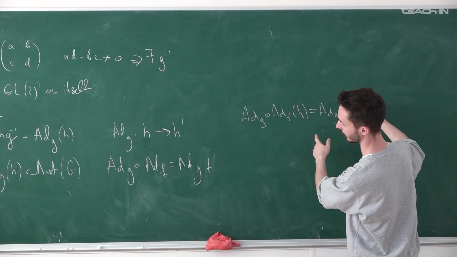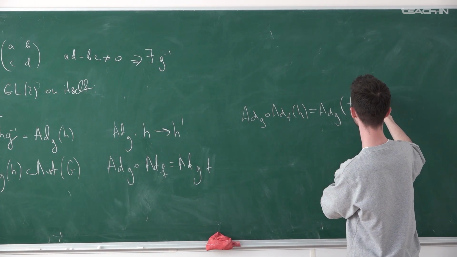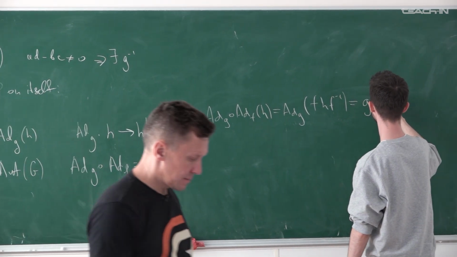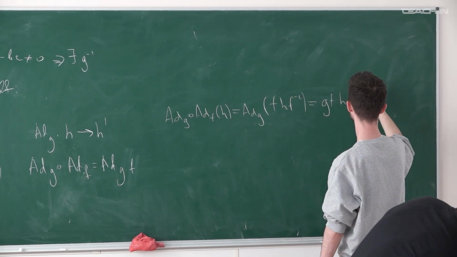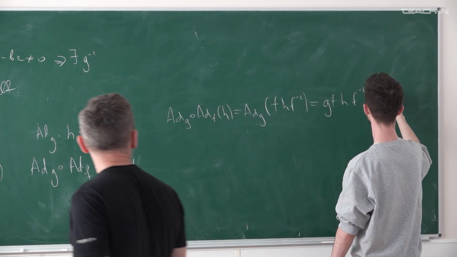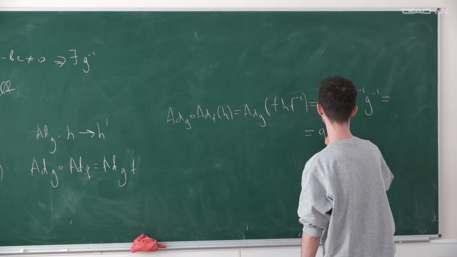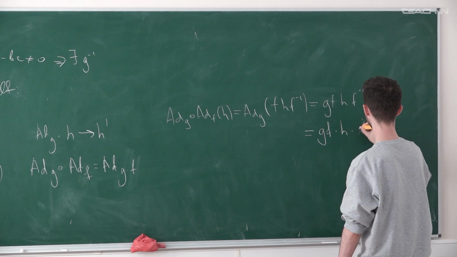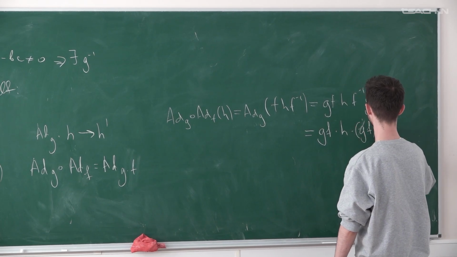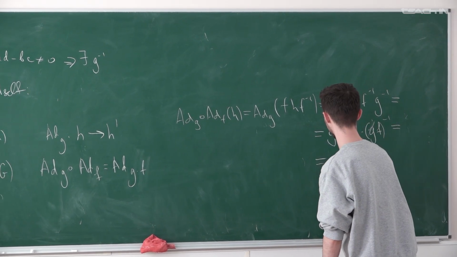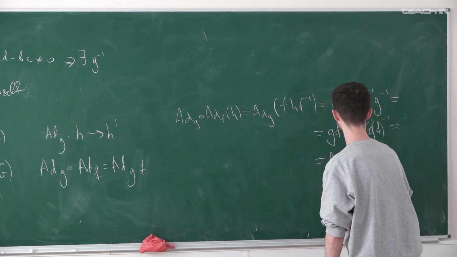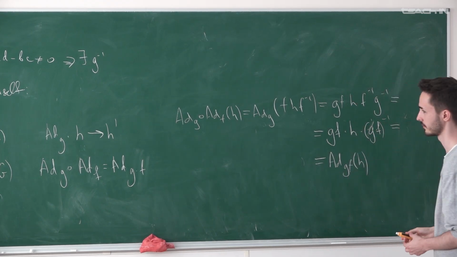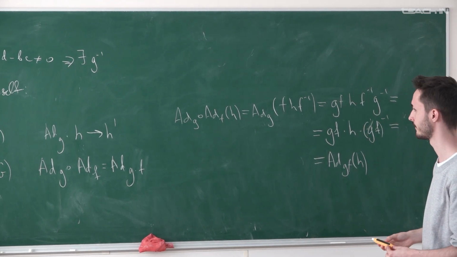We act as such, then we use this, which by definition is the adjoint action of GF on H.